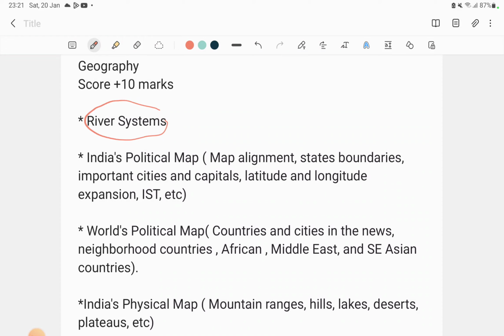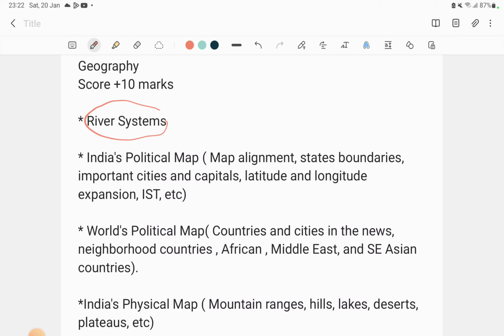So you look at the boundaries of these states, even study and understand locations of different cities and the capital cities of different states. Also study about islands, so Andaman and Nicobar and Lakshadweep islands. So you would certainly get questions based upon these topics.